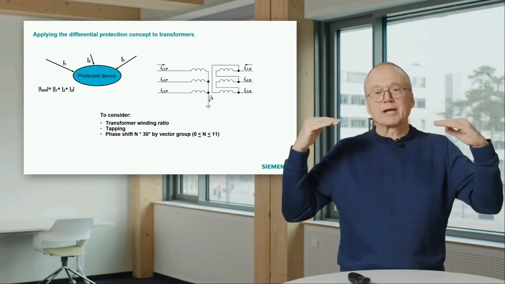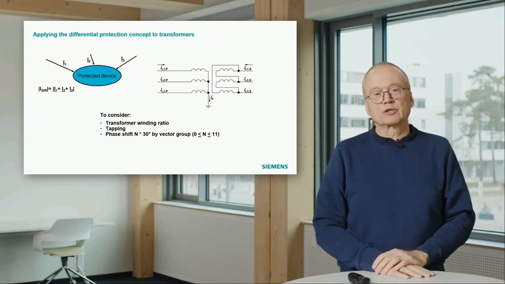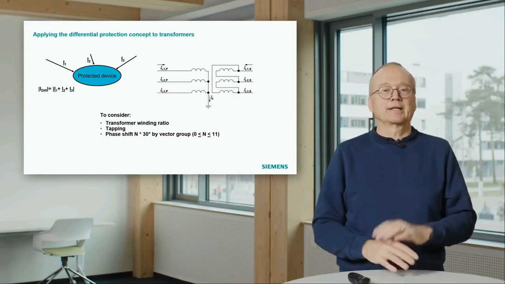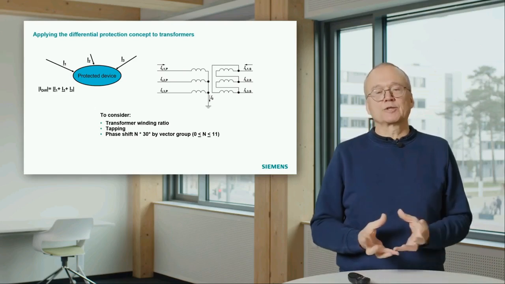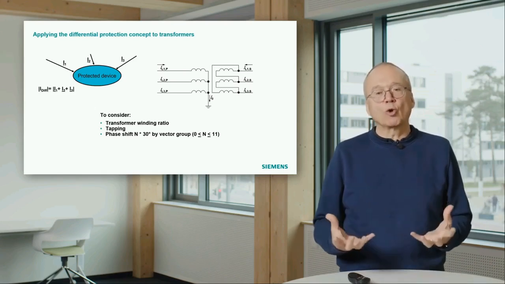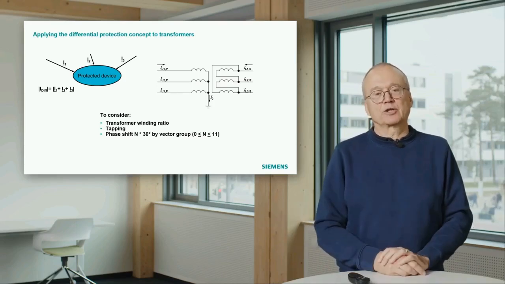That means they don't have the same phase, and that comes from the connection of the windings here, from the star delta connection, and it depends on how the transformer is built. You may know we have different types of transformer and they have different phase shift.